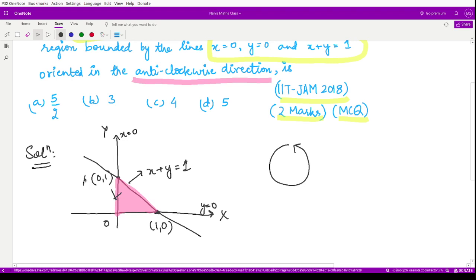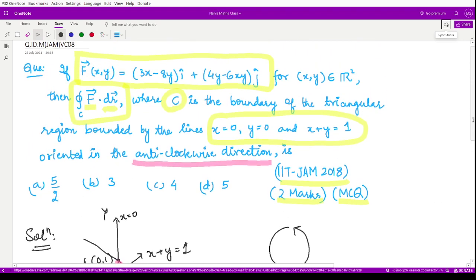Let me call this A, this B. So we'll be moving from A to O, then from O to B, and then from B to A. So in this direction we are to compute this line integral.